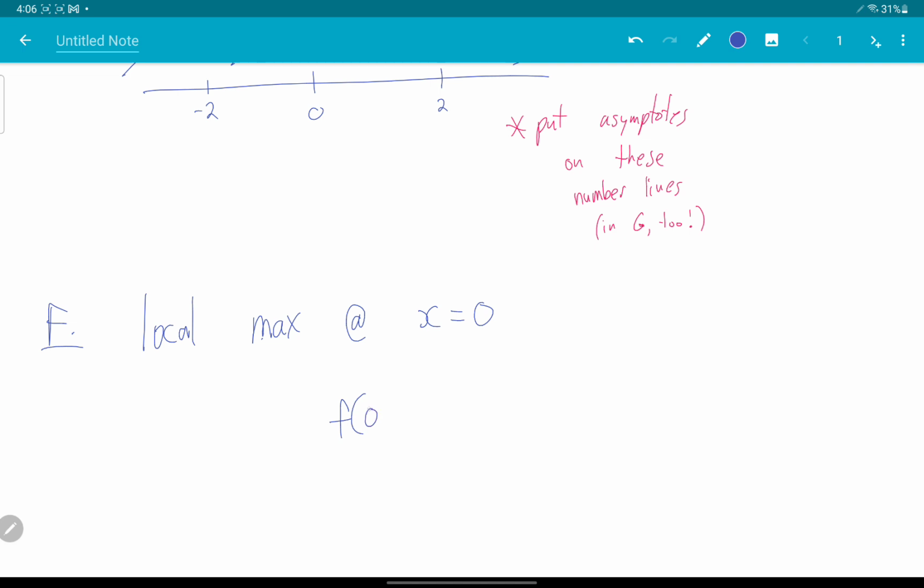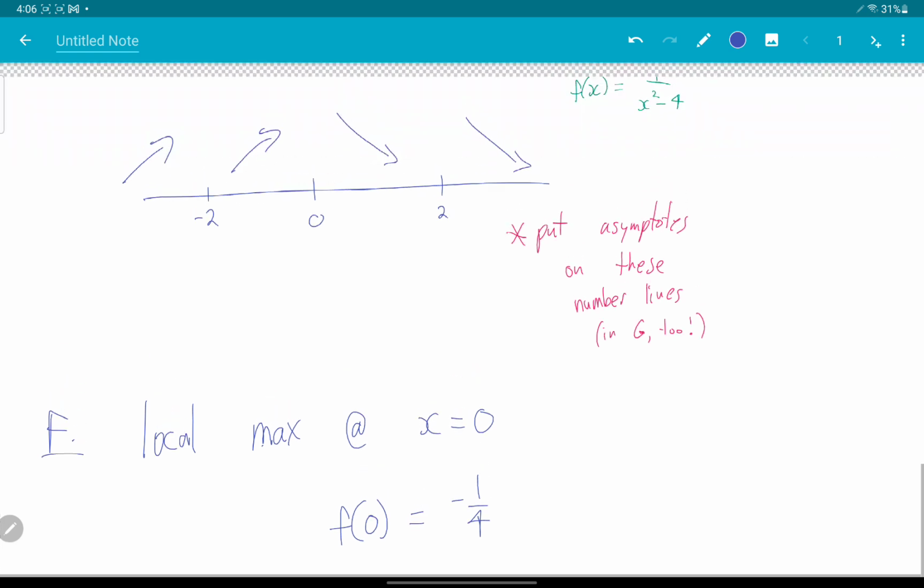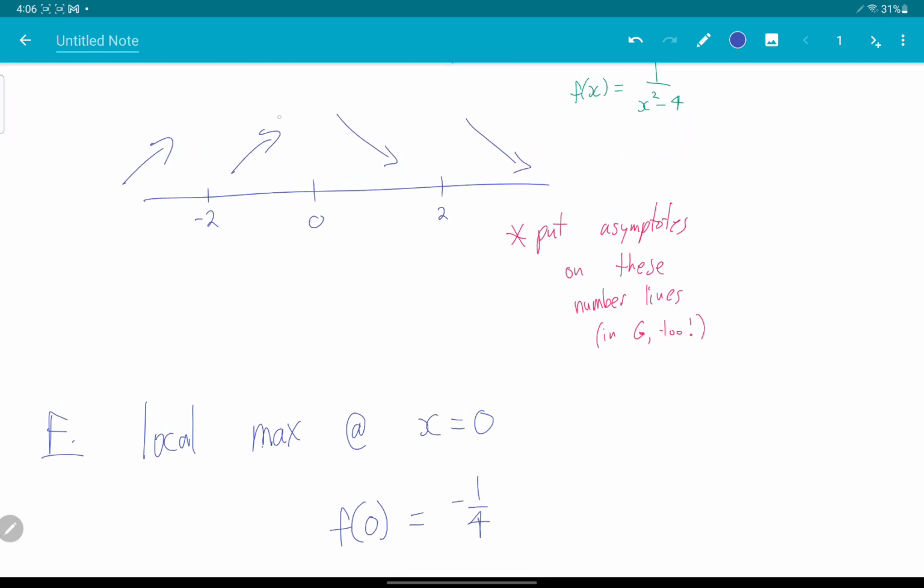And f of 0 we computed earlier. We got negative a quarter. So again, I know it's a max because it's increasing before x equals 0 and decreasing after. That's going to be a max.